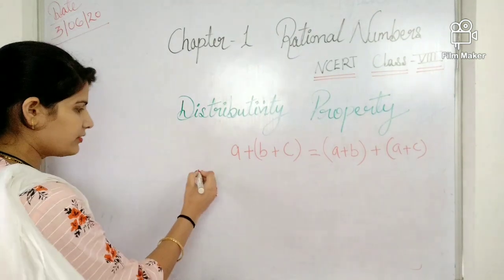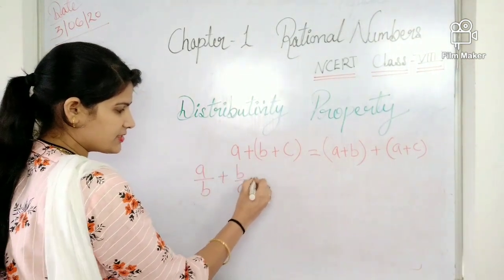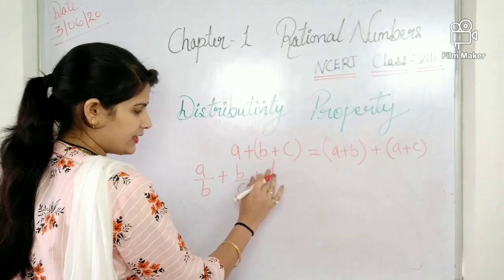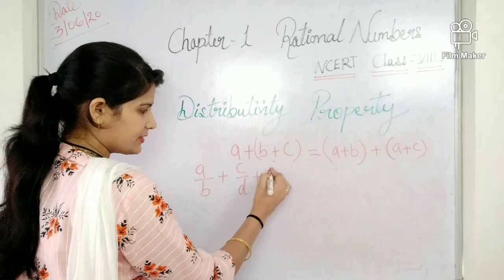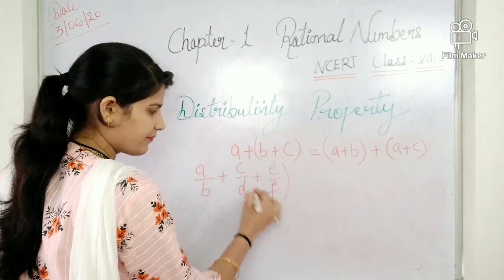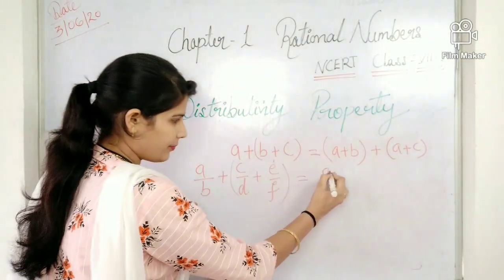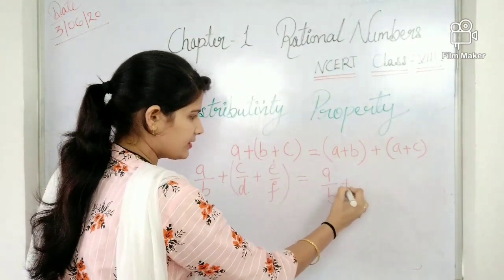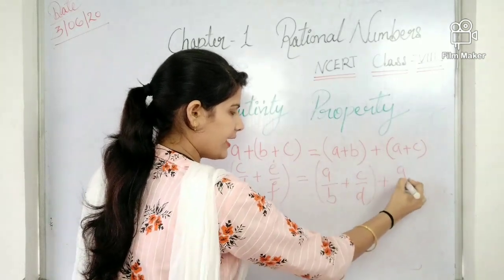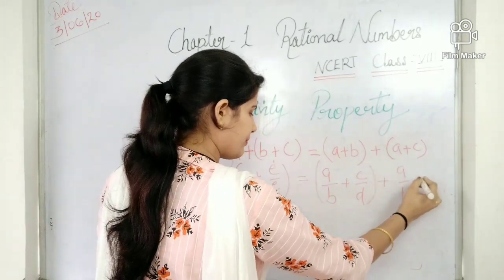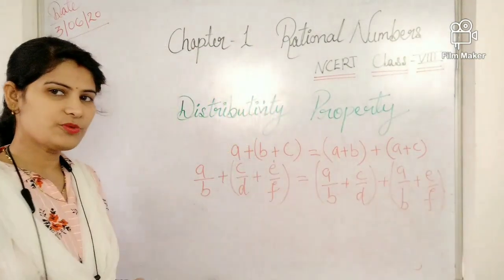So under rational numbers, A upon B plus (C upon D plus E upon F) equal to A upon B plus C upon D plus A upon B plus E upon F. Okay, this is the distributive property.